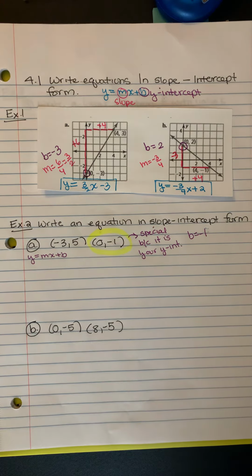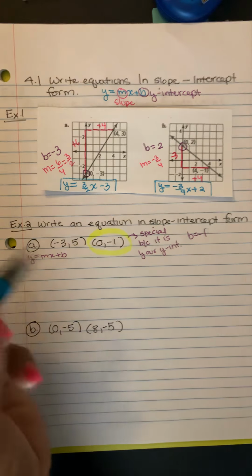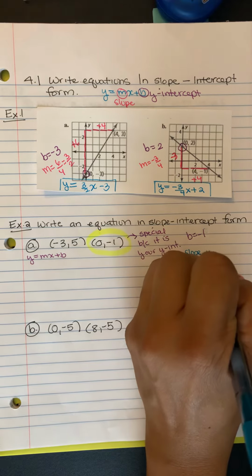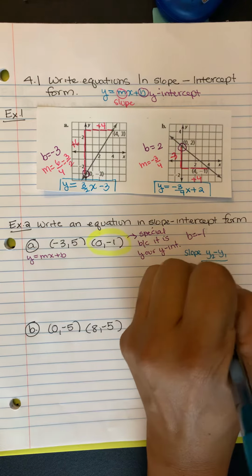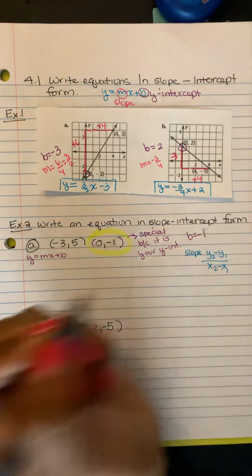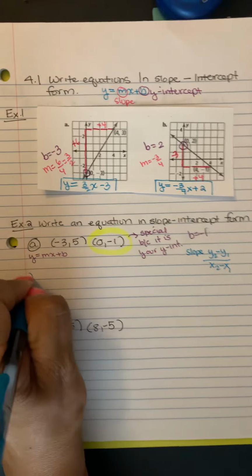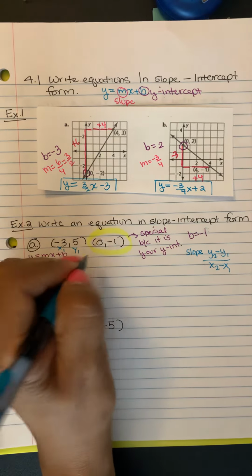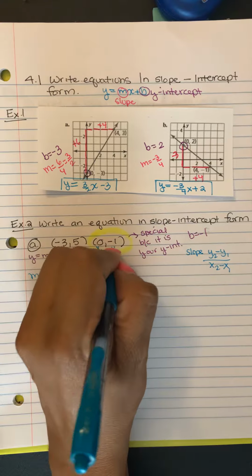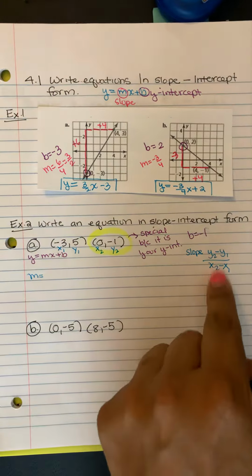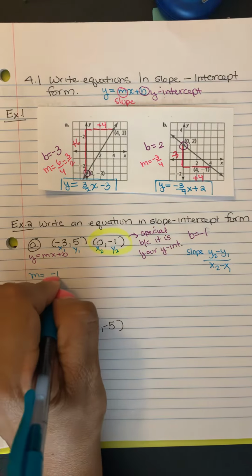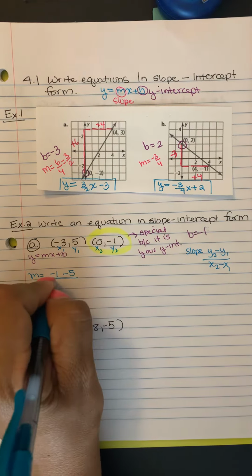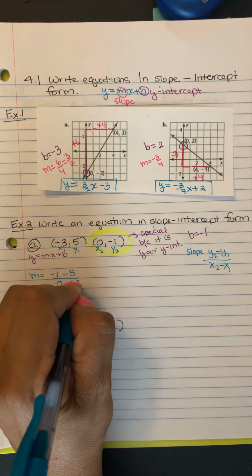So I don't have my slope, so I'm going to use the slope formula. Remember, the slope formula is y2 minus y1 over x2 minus x1. So I'm going to label this x1, y1, x2, y2. Plug it in here. So we're going to have -1 minus 5 over 0 minus a -3.